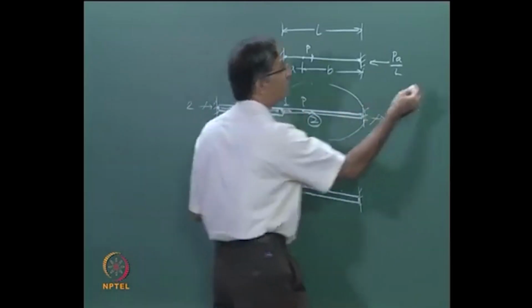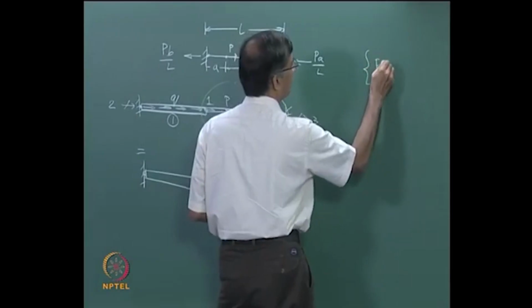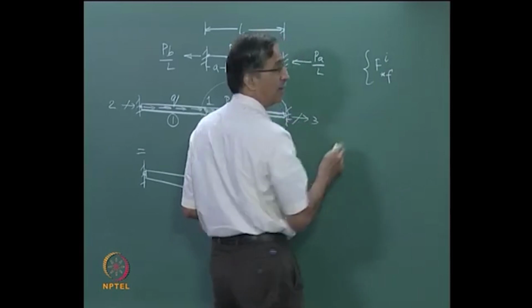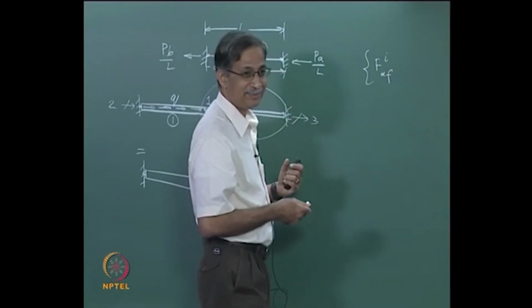And so you can write, let us say this is the ith element, you can write F ith element star F, okay. We could do it, how do you write this?